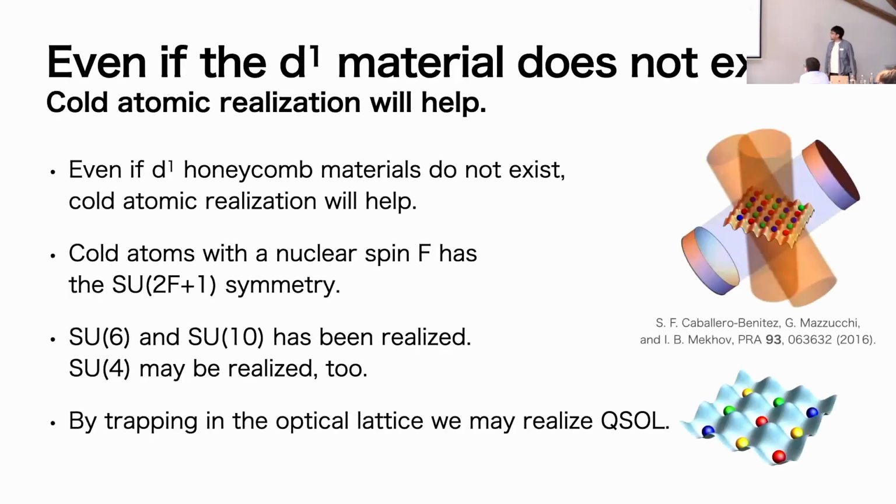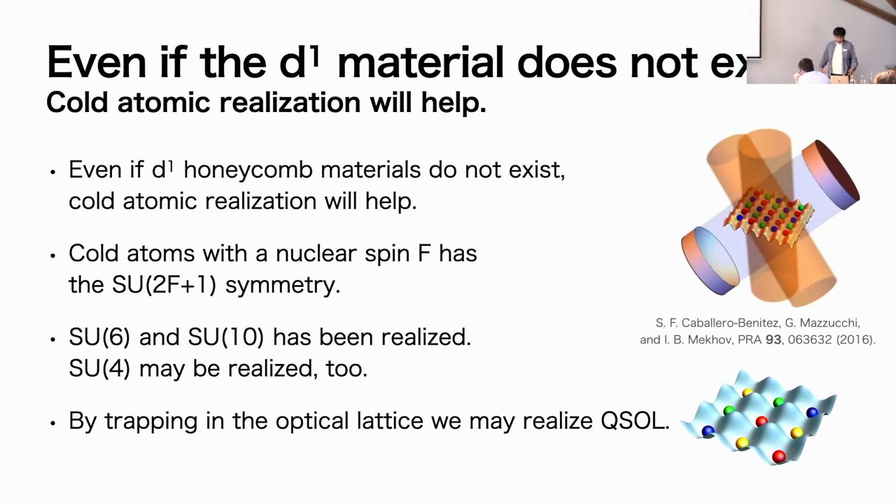And even if the d1 material does not exist, the cold atom realization will help to realize this kind of physics, because the cold atom with nuclear spin F has the SU(2F+1) symmetry. So for example, we can put ytterbium or strontium atoms in laser cooling, and this way people can realize SU6 or SU10 symmetry already, and also SU4 may eventually be realized too.